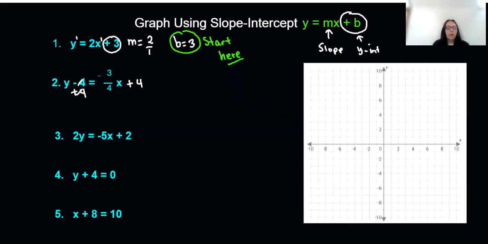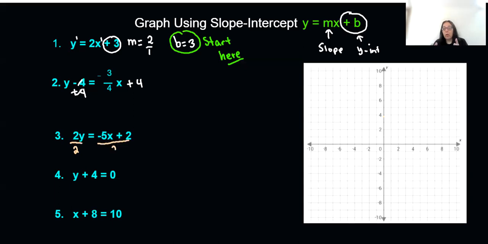All right, the next one, when I read it, I have 2y, 2 times y equals -5x plus 2. I don't want 2 times y. Remember, we want y equals. So we've got to get rid of that 2. And how are we going to do it? They're multiplying, so we're going to divide. Whatever we do to one side, we have to do to the other.